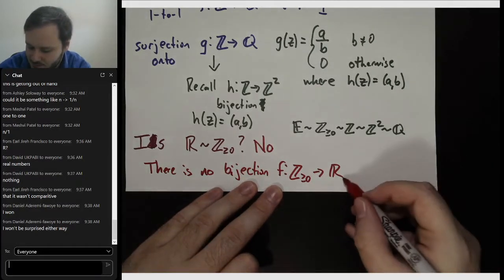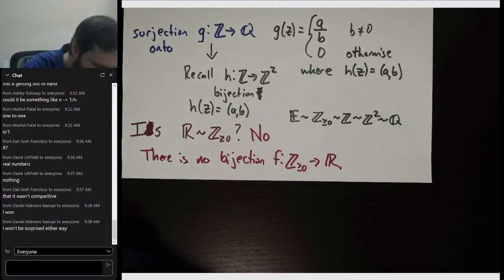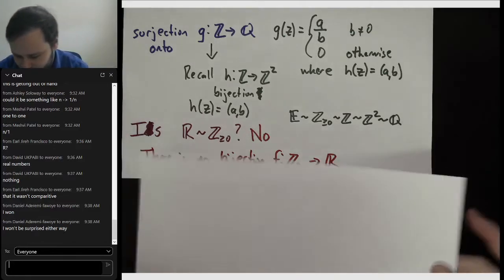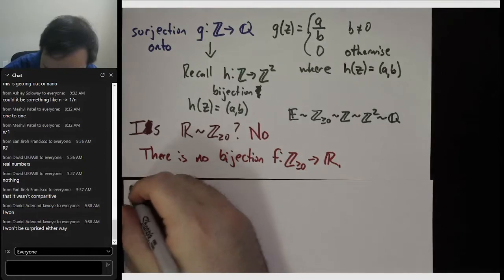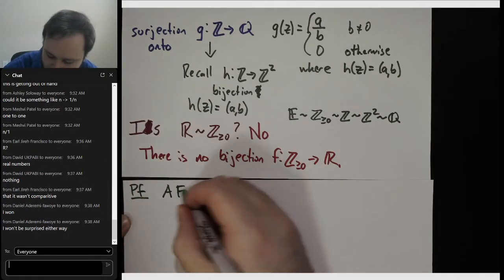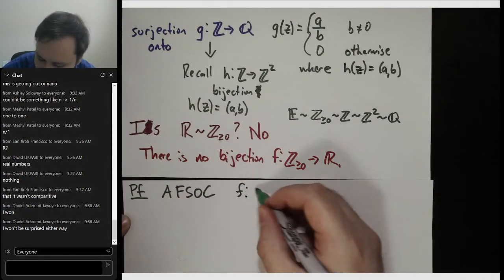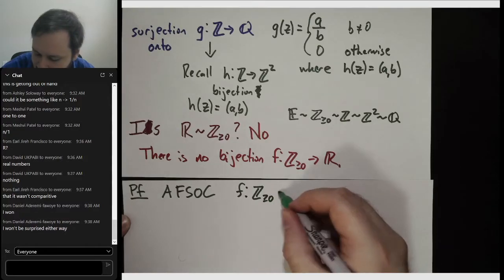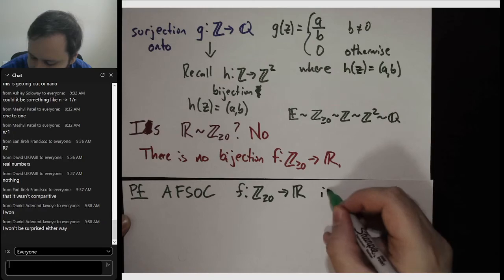It's impossible. Can't do it. Here's my proof. By contradiction. Assume, for sake of contradiction, that f from the non-negative integers into the reals is a bijection.